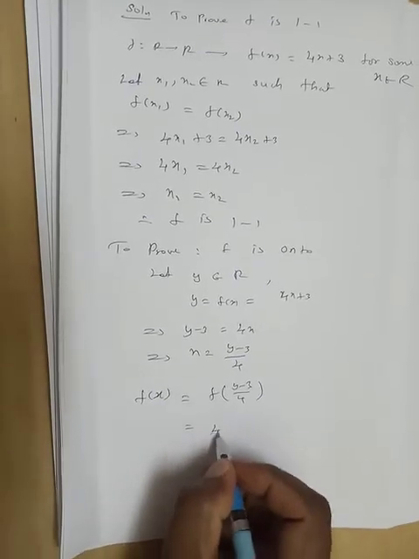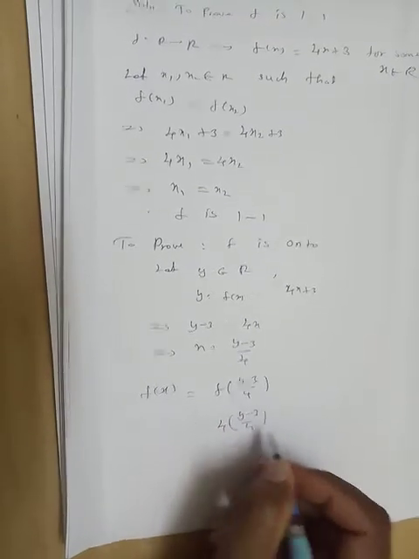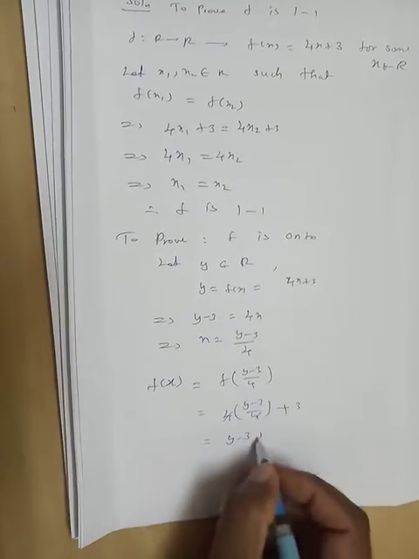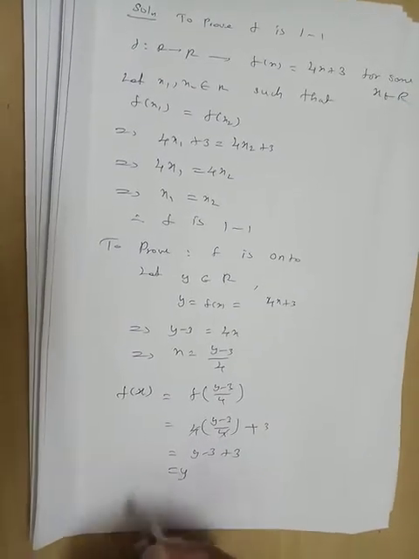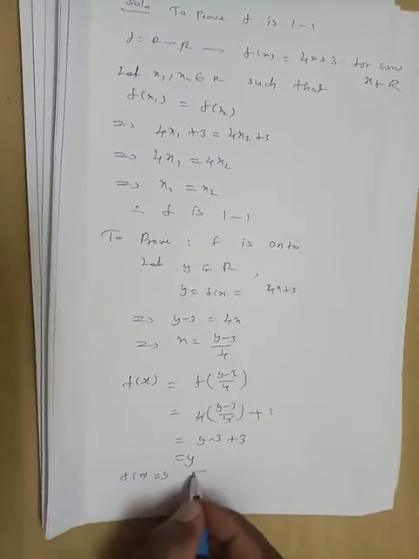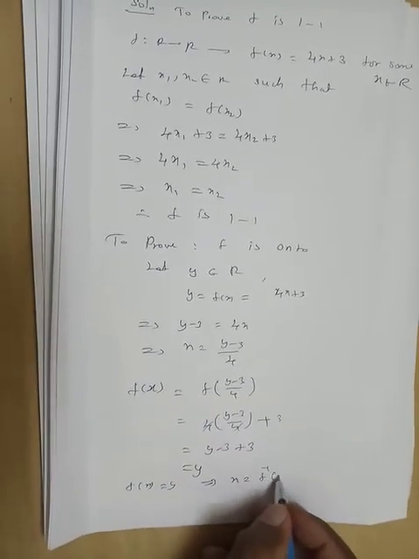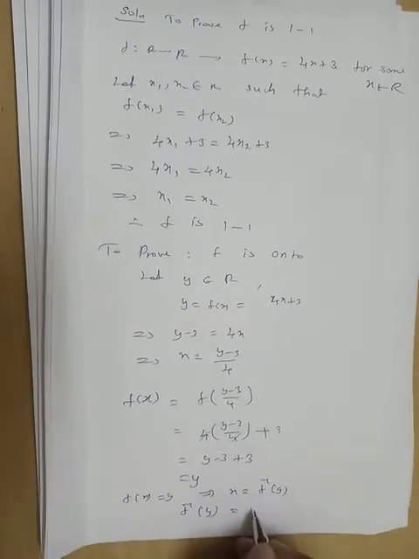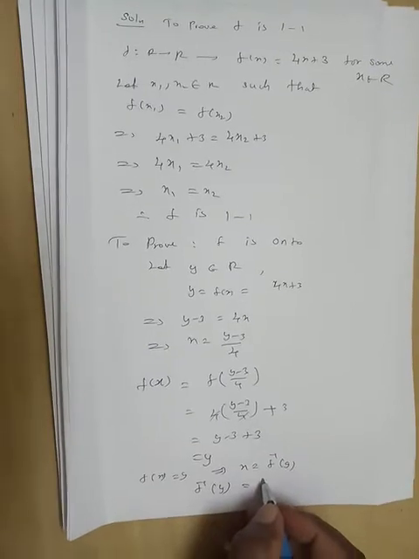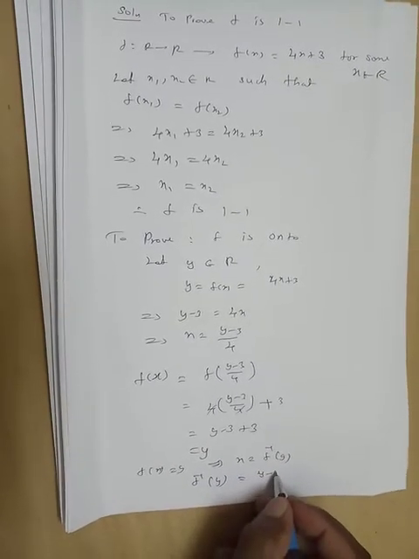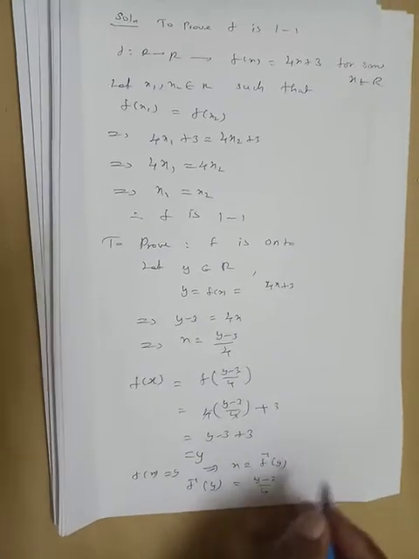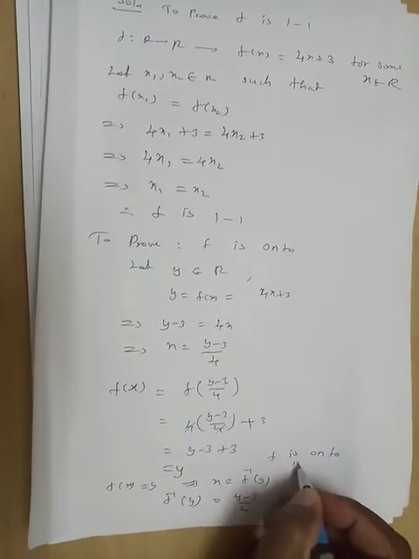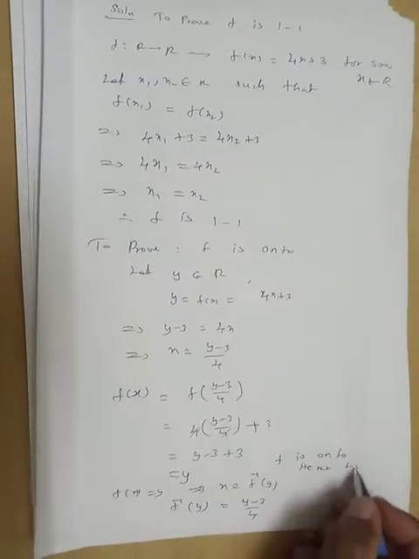This is equal to 4 into y minus 3 by 4 plus 3. The 4 cancels, y minus 3 plus 3, this is equal to y. So f of x equal to y, x is equal to f inverse of y. So f inverse of y equal to y minus 3 by 4. Here f is onto. Hence f is invertible.